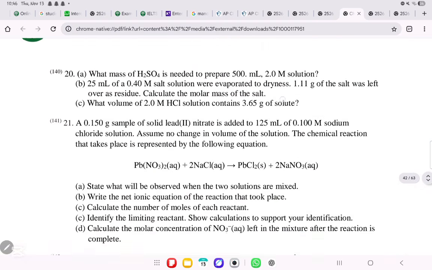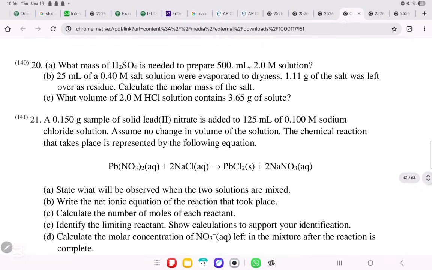We'll move on to question number 20. What mass of H2SO4 is needed to prepare 500 milliliters of 2 molarity solution? Now, very important, mass. Prepare 500 milliliter, 2 molarity solution. What can I think of when I look at this?